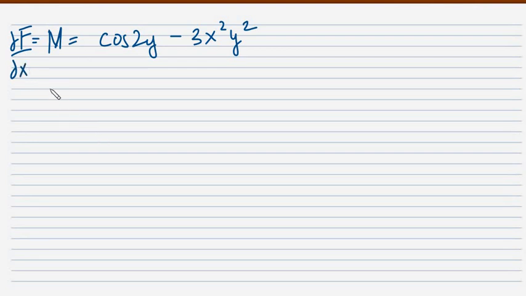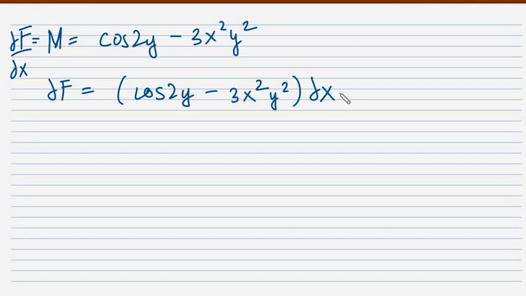So we will integrate cosine 2y minus 3x squared y squared with respect to x to solve for f.